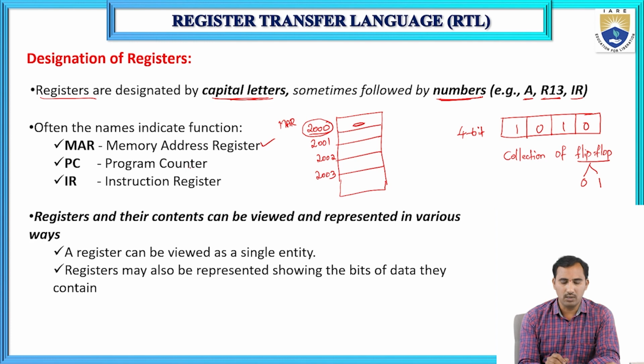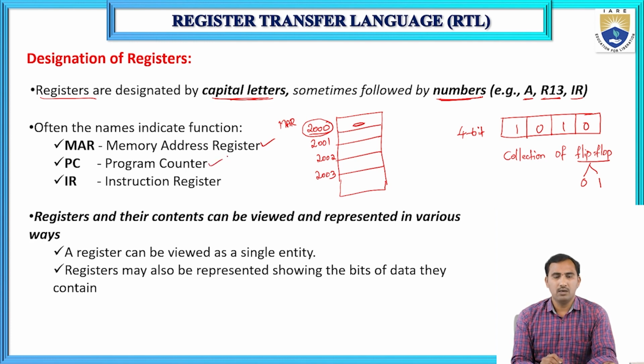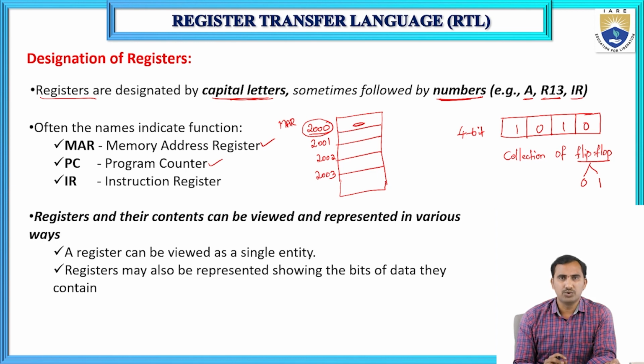Then program counter. The program counter stores the address of the next instruction to be executed. So if the CPU is executing the current instruction which is at 2000, then the next instruction is located at 2001. The instruction at 2001 is the next instruction to be executed.